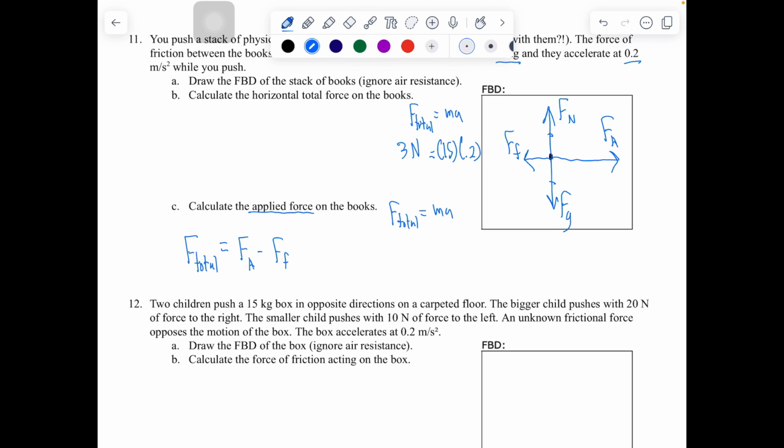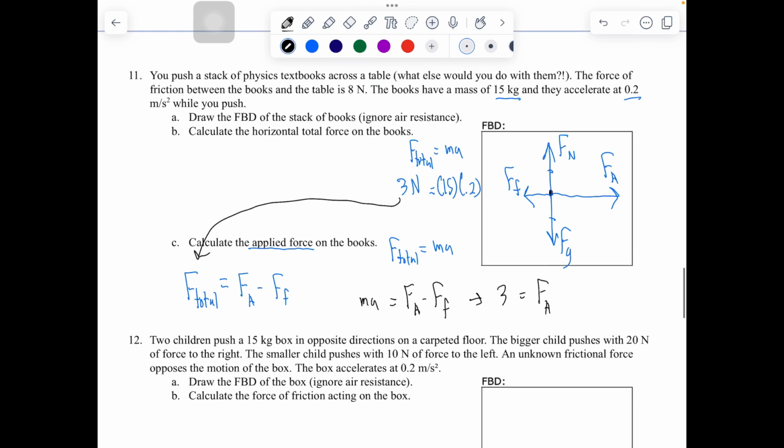With this equation, we can plug in that total force that we just found, 3 newtons. We could even rewrite the entire equation and replace total force with mass times acceleration, which is equal to the applied force minus the force of friction. Mass times acceleration gives us 3 equals the applied force minus the friction.